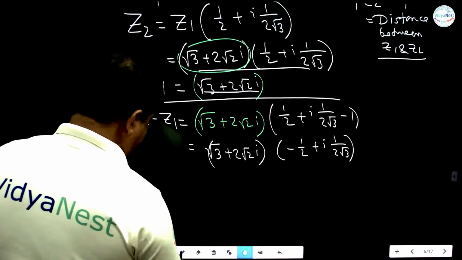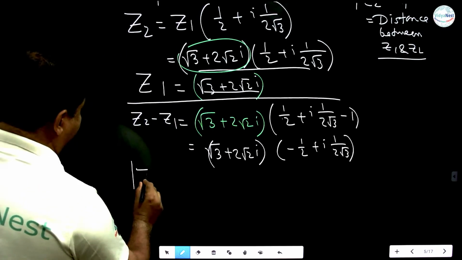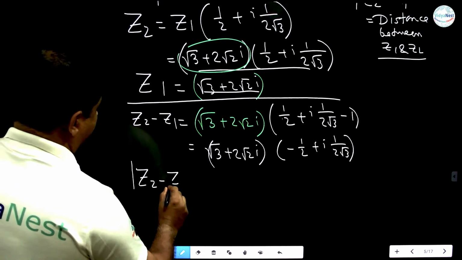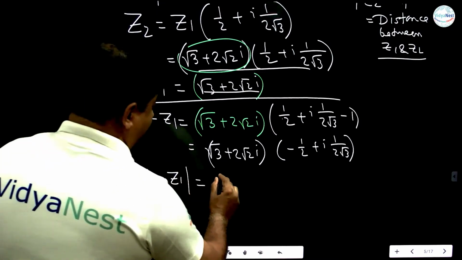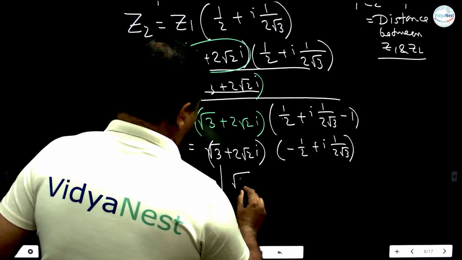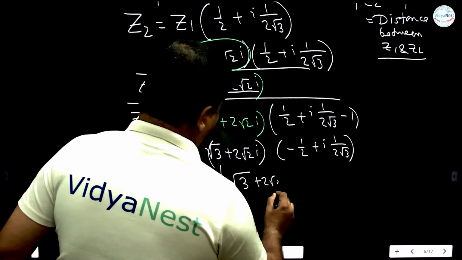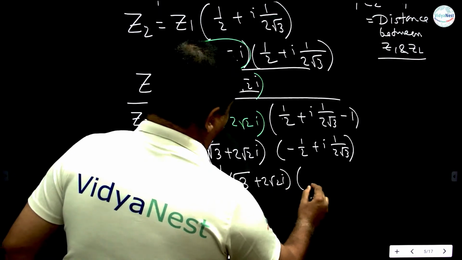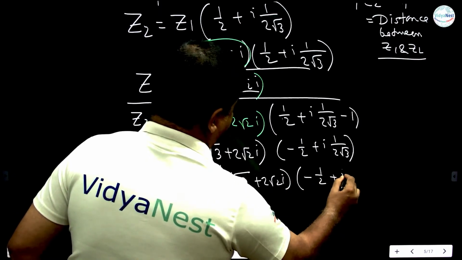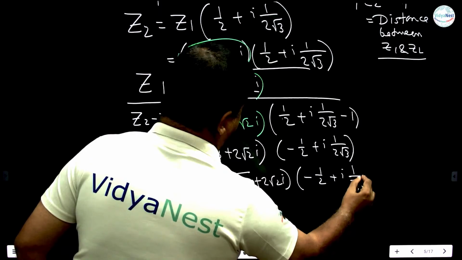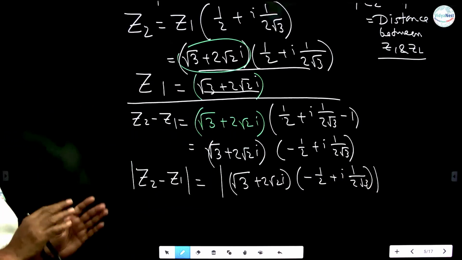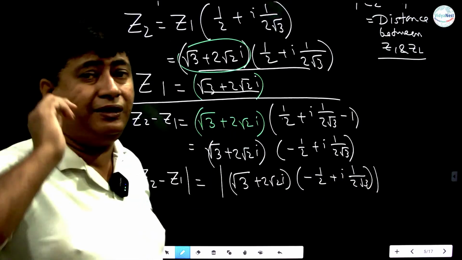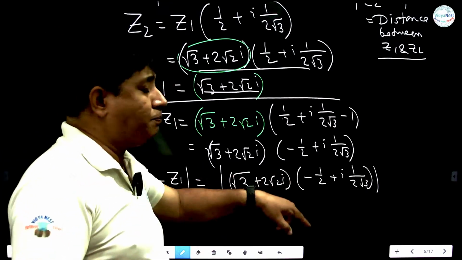See, let us take the magnitude. That means root 3 plus root 2i into minus half, 2 root 3. Those who are not preparing for JEE or that level exam, they will multiply and take the magnitude.